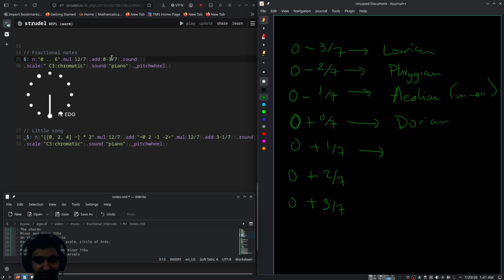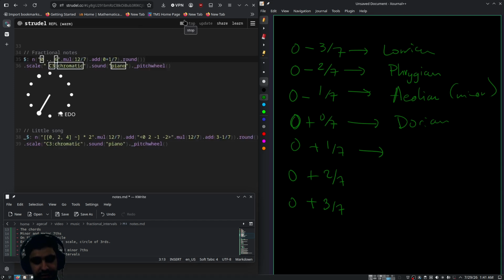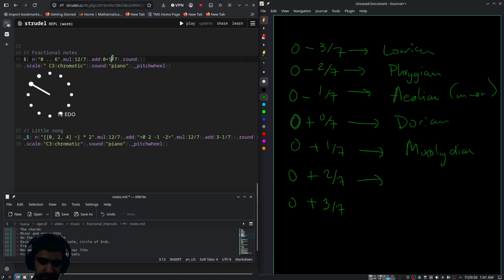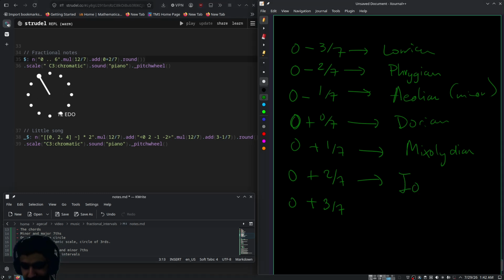If we do plus 1 over 7, we get our Mixolydian. If we do 0 plus 2 over 7, that's our major mode, that's our Ionian.